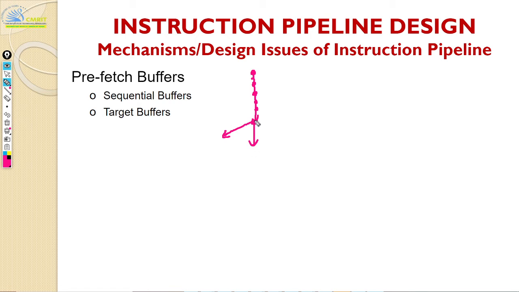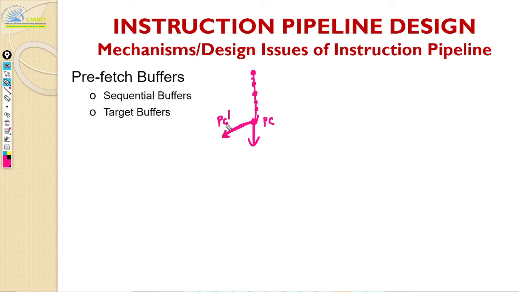If you don't take the branch, you continue with sequential execution. But if you take the branch, you go somewhere different. So at this point you have to decide whether your PC equals PC plus 4 or a new PC. You don't know this. Either your PC is just PC plus 4, or it can be completely different, depending on where you're branching to.